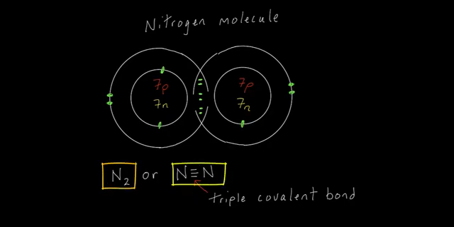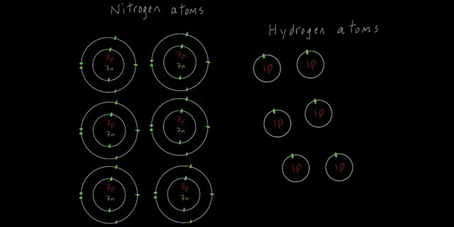Another common substance is ammonia, and ammonia consists of nitrogen and hydrogen bonded together covalently. So you can see some hydrogen atoms here and some nitrogen atoms here. Can you work out how they come together and form covalent bonds?